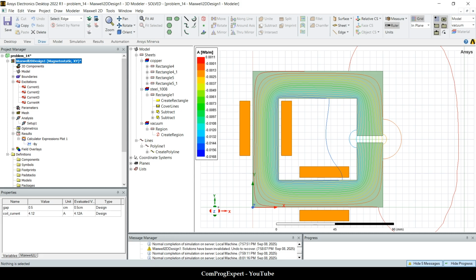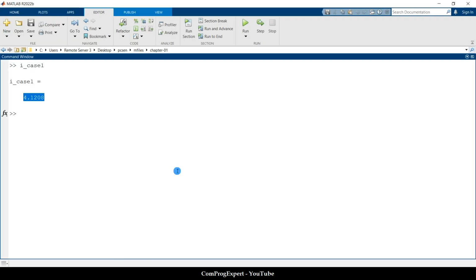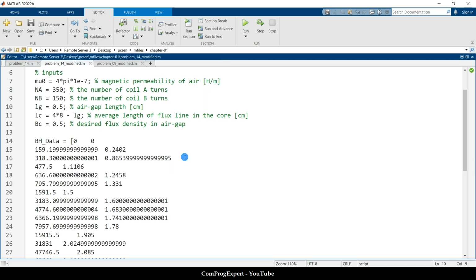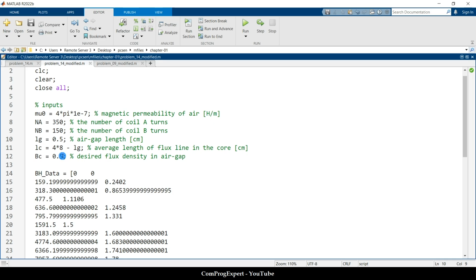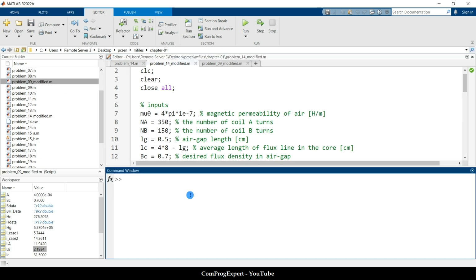So now let's consider this assumption. Consider another value for the desired flux density, for example, 0.7. Repeat the analysis. I case 1, this one.